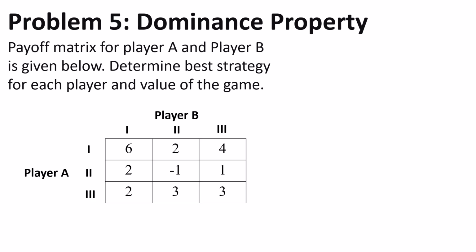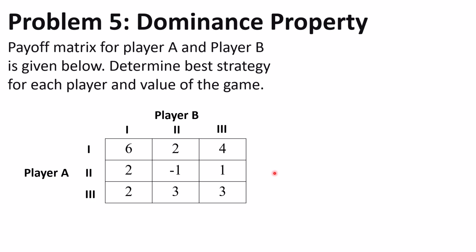And the next method, problem 5, will be the dominance property, and here the problem will be given like this: payoff matrix for player A and B is given below, determine best strategy for each player and the value of game. And player A and player B, there are three strategies, 1 2 3, and then this is the payoff matrix.